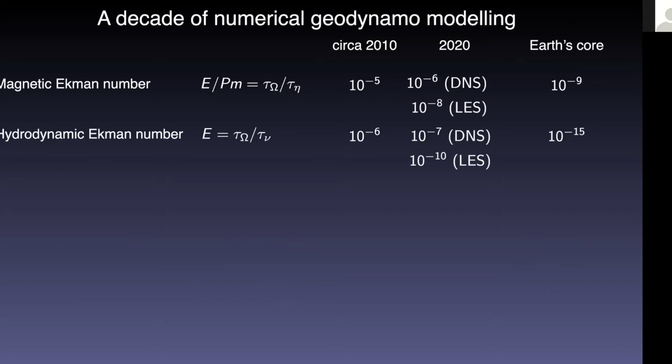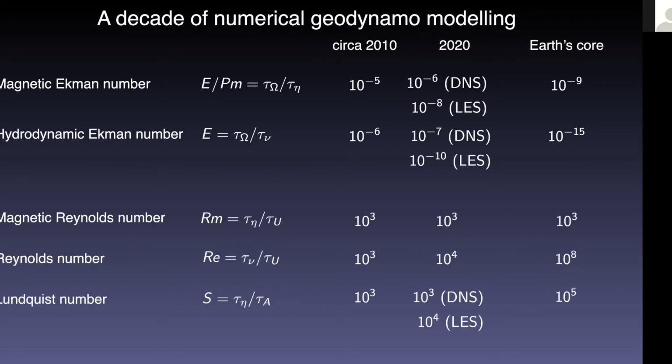But the advance still appears for a dimensionless number. The magnetic Reynolds number was right 10 years ago, and it still is right. And there's been an advance in the Lundquist number. So the timescale separation of the Earth's core is approached in a bit more realistic way now than before, but we are still not there.